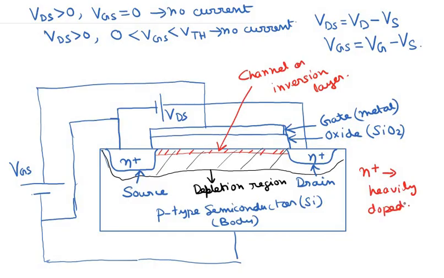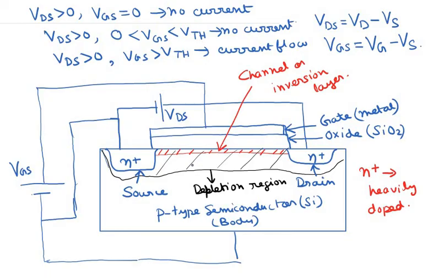So let me write it here: when VDS is greater than 0 and VGS is greater than VTH, then current can flow, and current can flow through this layer of mobile electrons induced at the surface, which is also known as the inversion layer or the channel.